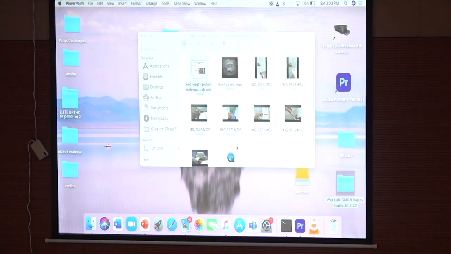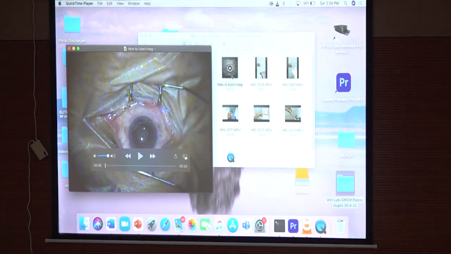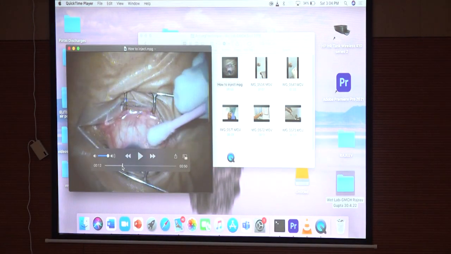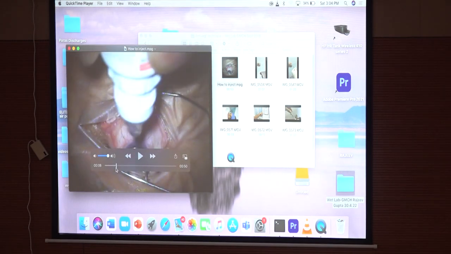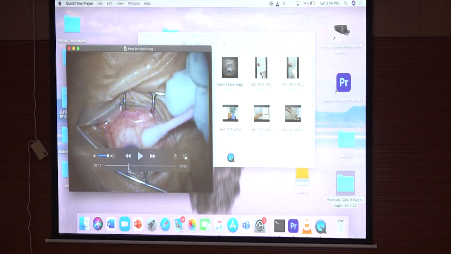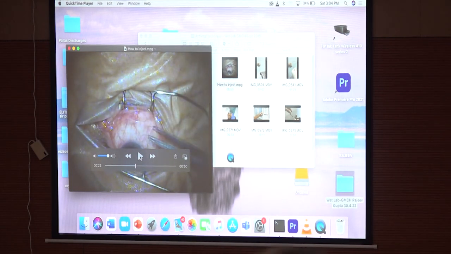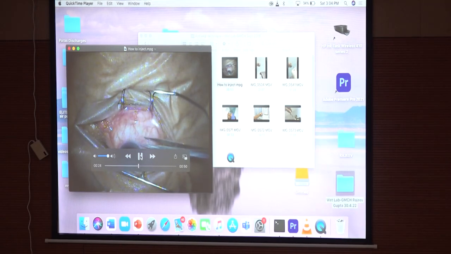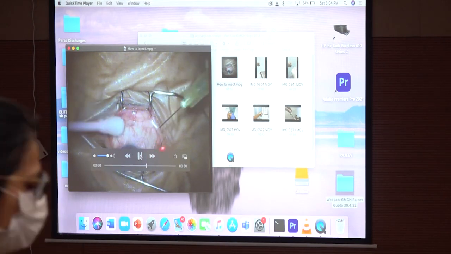And last is the injection part, which I will show you here. Here you can see the injection part: with Castroviejo you make a dimple at 4 mm.